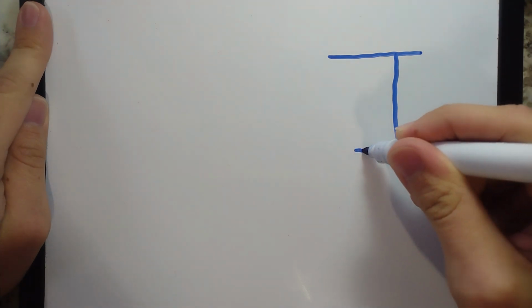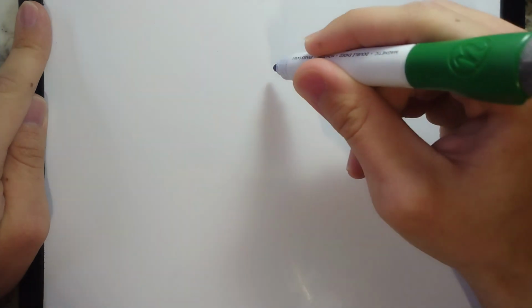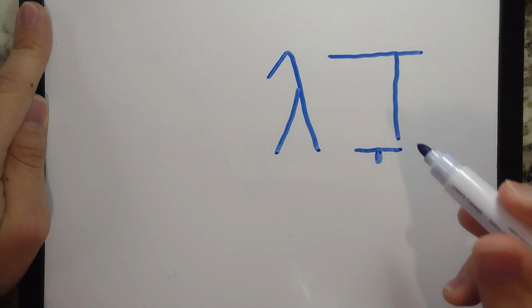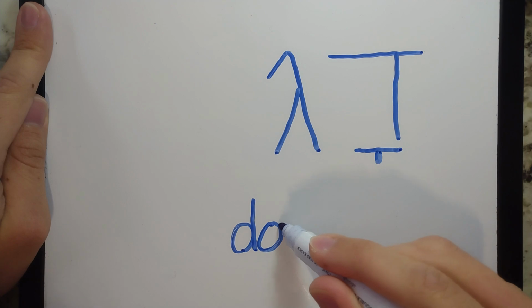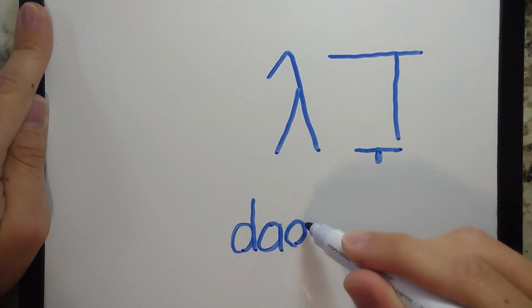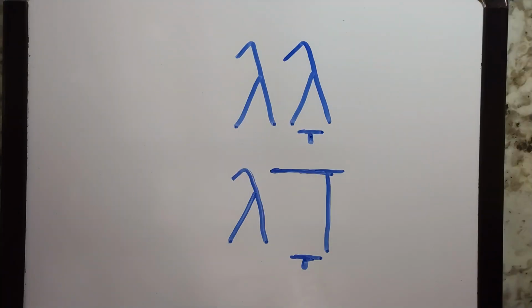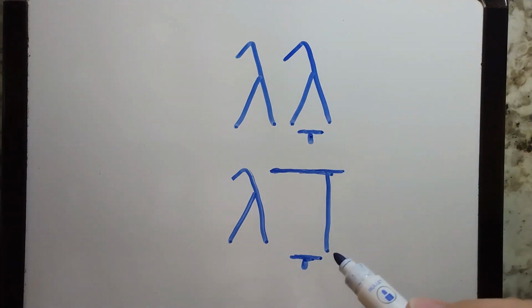We'll start with a Dalet, D, and under the Dalet we will put a kamatz, A, and we will end this word with a Gimel, G. D, A, G. Dog, which means fish.